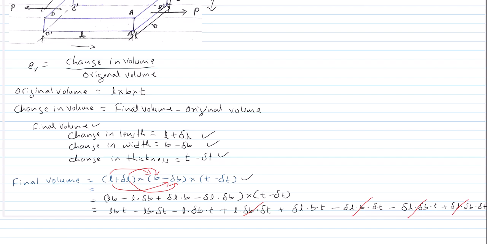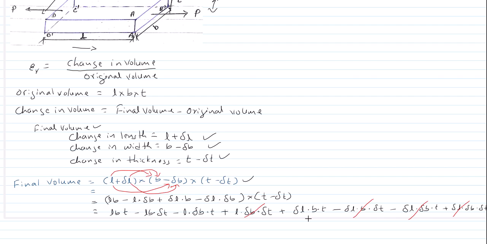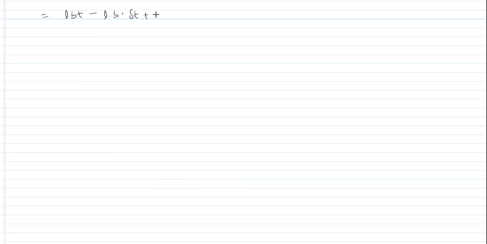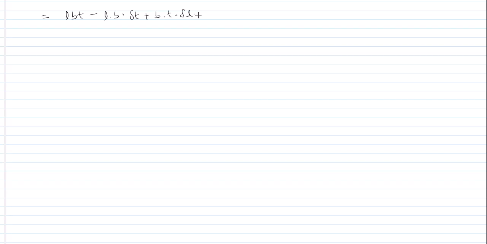If I rewrite the terms excluding these cancelled terms: this is LBT, LBT minus LB into delta T minus LB into delta T, next plus BT into delta L, and another term which remains is plus LT into delta B.